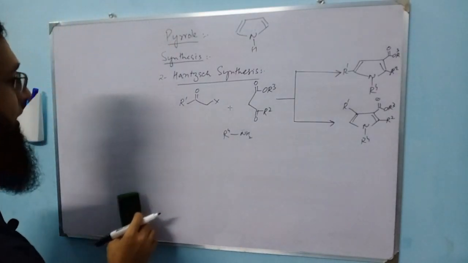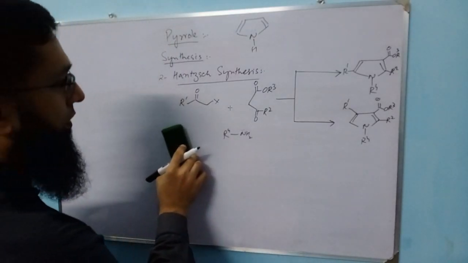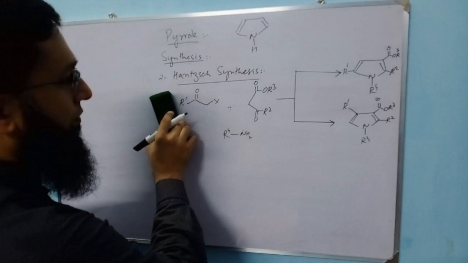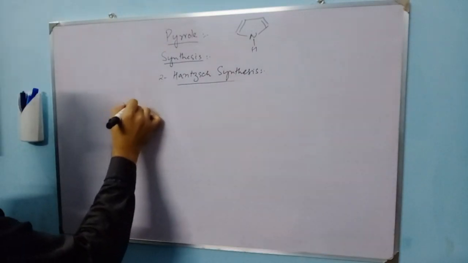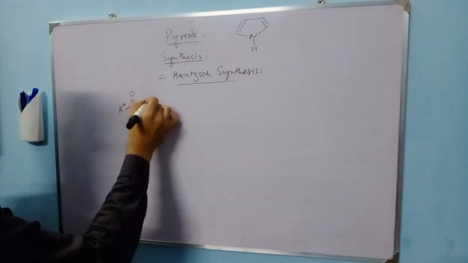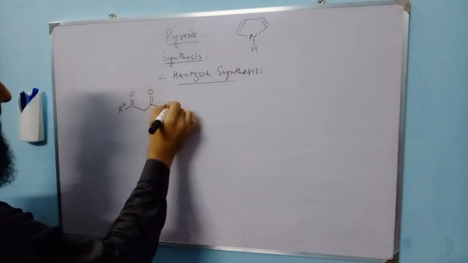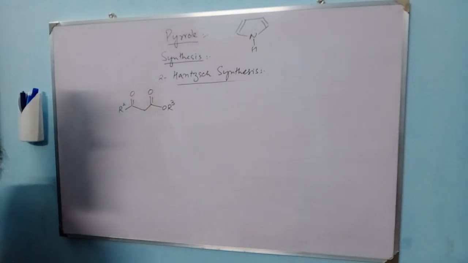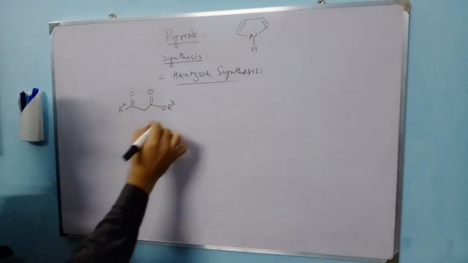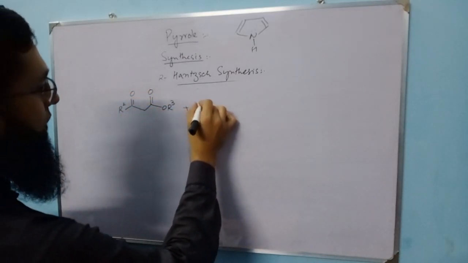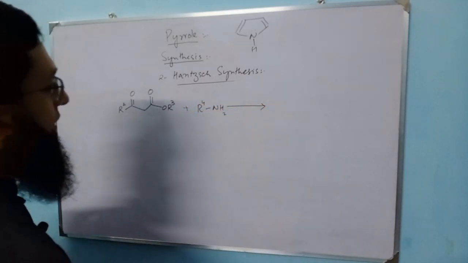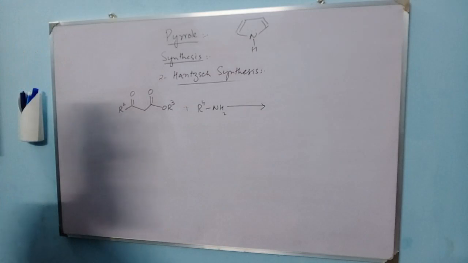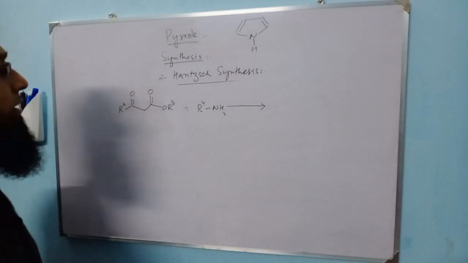Now the mechanism of the reaction. So we can remove this. In our first step, beta-ketoester would react with amine, and we know that the reaction of amine with aldehyde or ketone results in imine as a product.